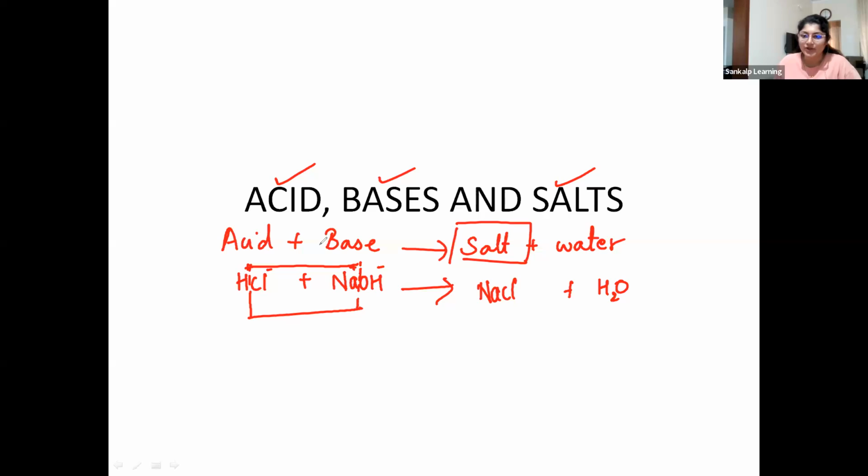So you can write here: an acid reacts with a base to form a salt and water by a reaction called a neutralization reaction.